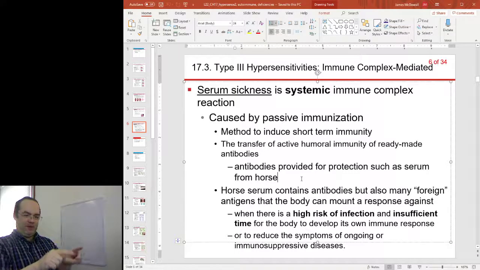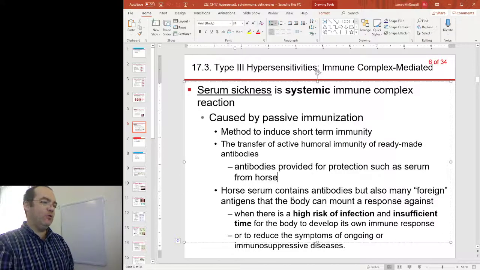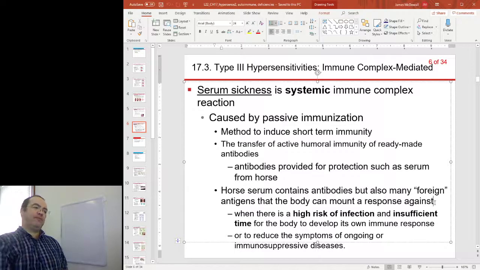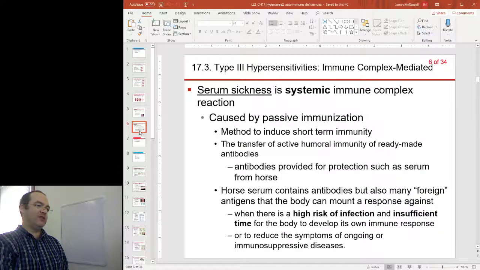The composition of the antibody made by the horse has the wrong shape and is therefore recognized by our bodies as being non-self. As a result, we mount an immune response, and that immune response will lead to the formation of these immune complexes, and those immune complexes will lead to all the damage that is indicative of these reactions.